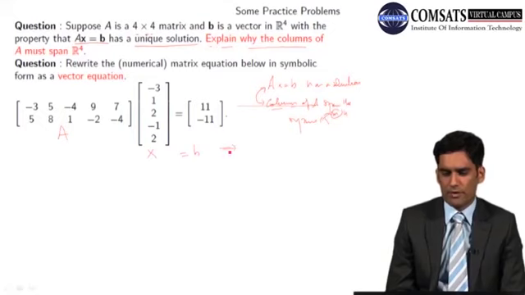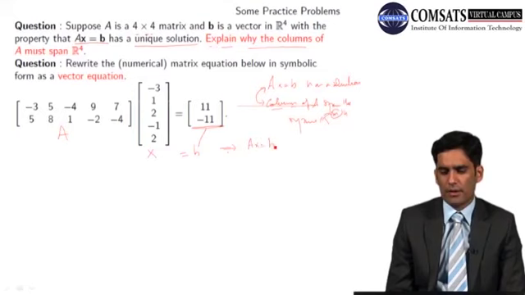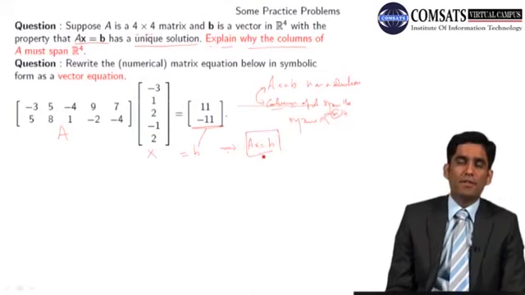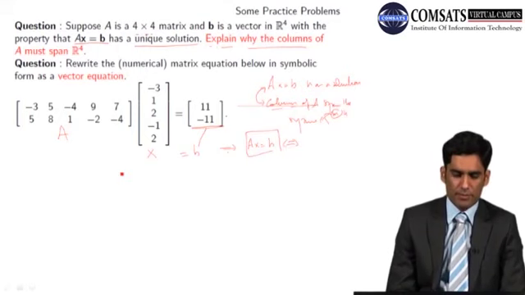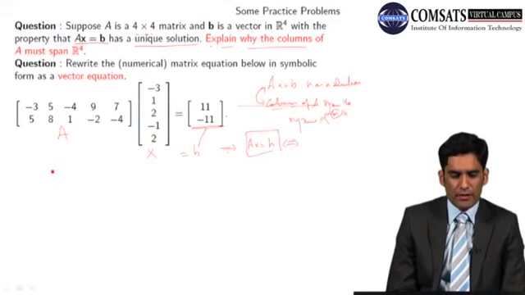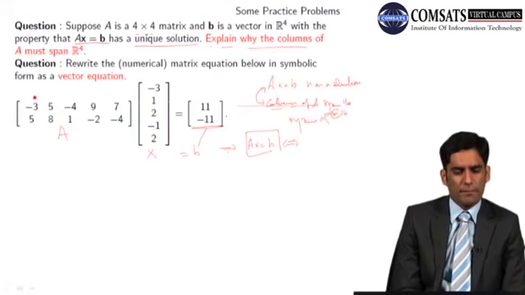So your matrix equation becomes AX equals B. Now the matrix equation and its corresponding equivalent vector equation we studied in the last lecture. And you are asked to write the symbolic vector equation.